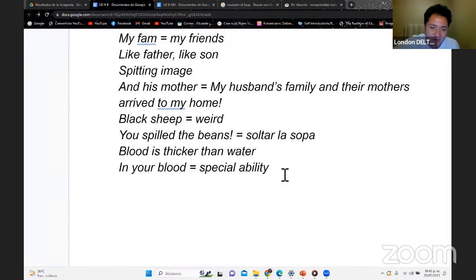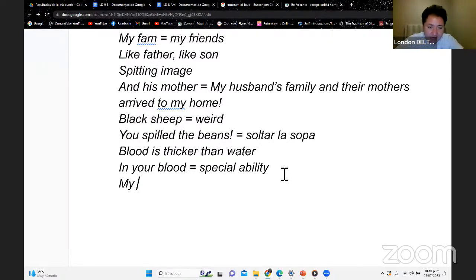Okay, bueno, vamos a continuar. So another expression that you can use is, we have two options. You can say, my kid. Aquí sería my kid, no confundir con kid. Kid es un niño, right? Kid se refiere a niño o niña, no importa, pero es menor de edad.